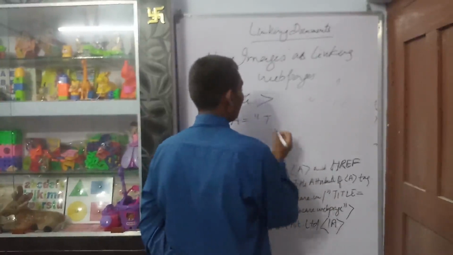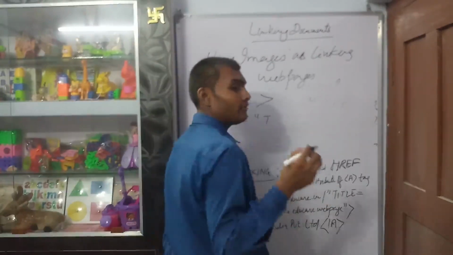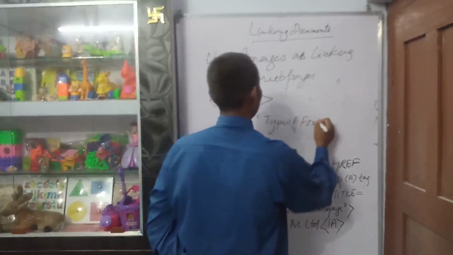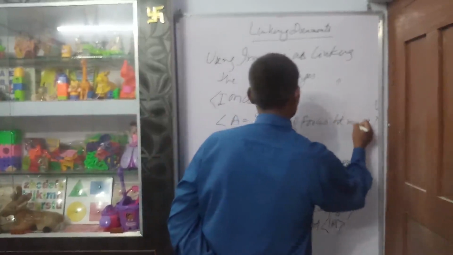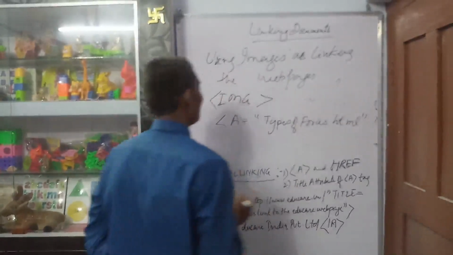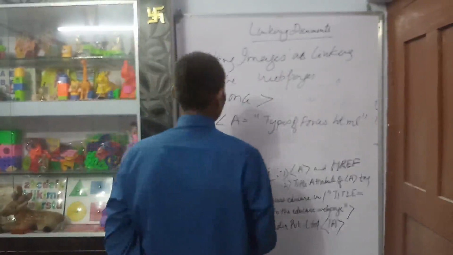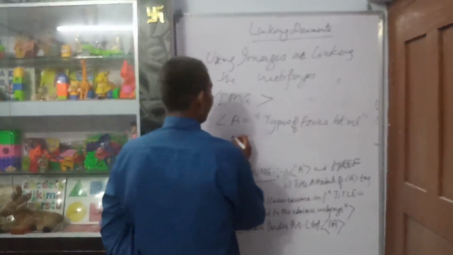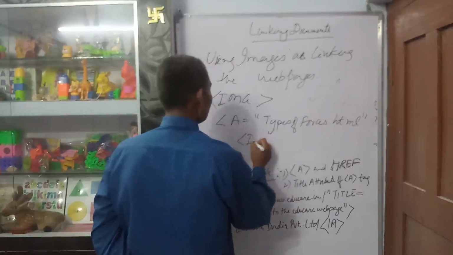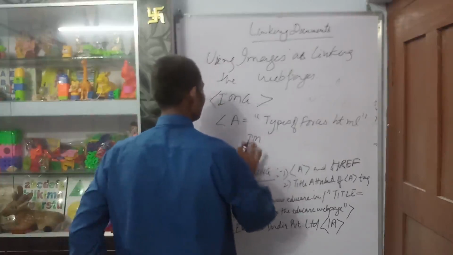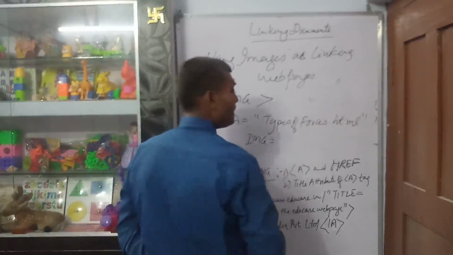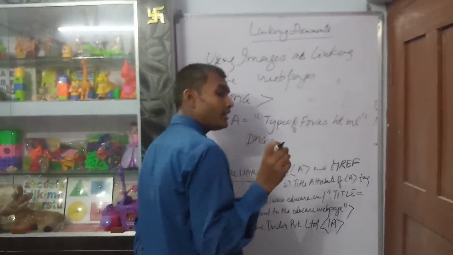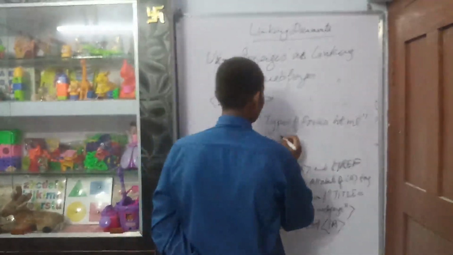For example, you create a web page of types of forces.html, and in this open anchor tag you write img equal to, and give the location of the image where you saved it on your hard drive or PC.